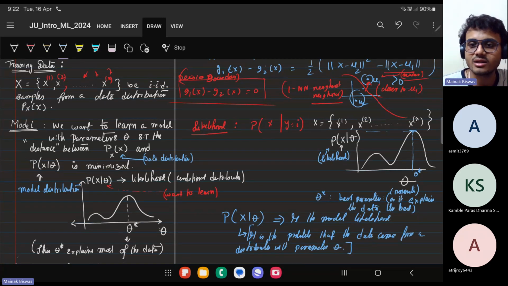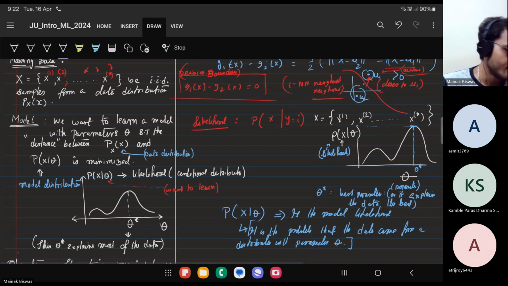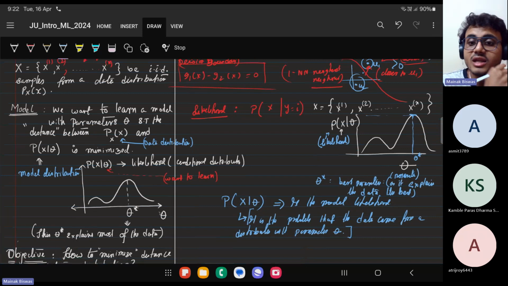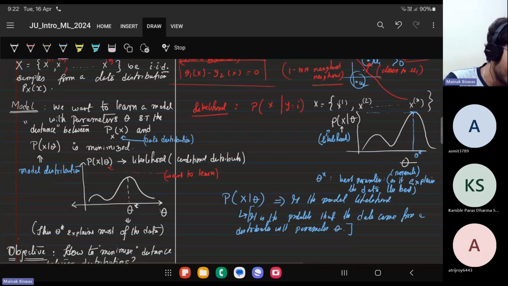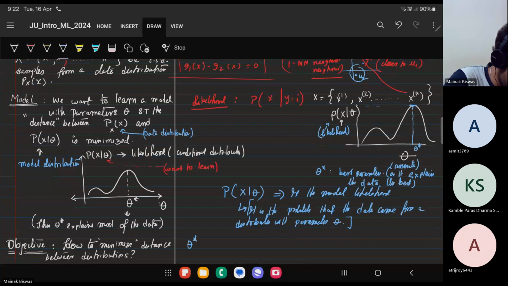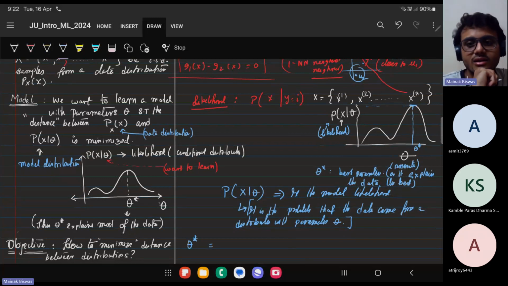So what is the best theta there? The best theta is the one that maximizes the probability. Yes or no? Is it okay? Any questions? Okay. So how can I learn theta star? What is theta star?